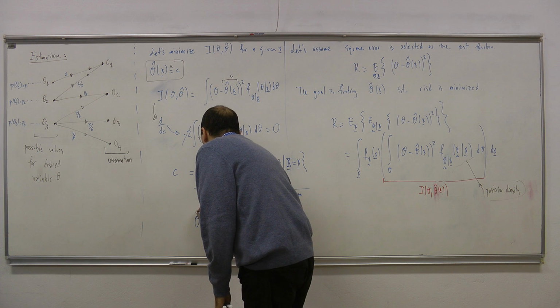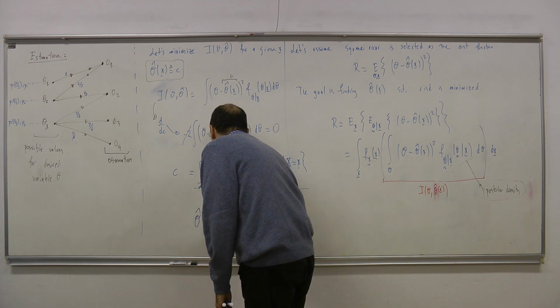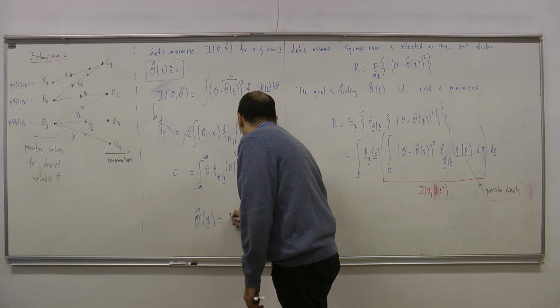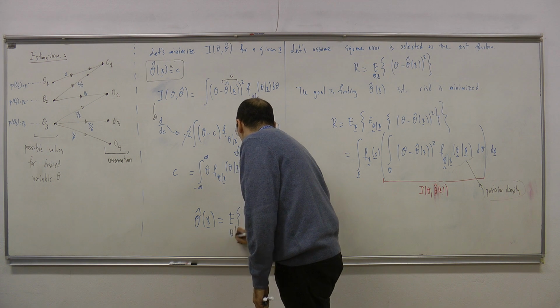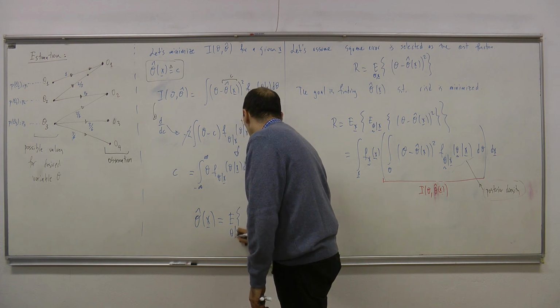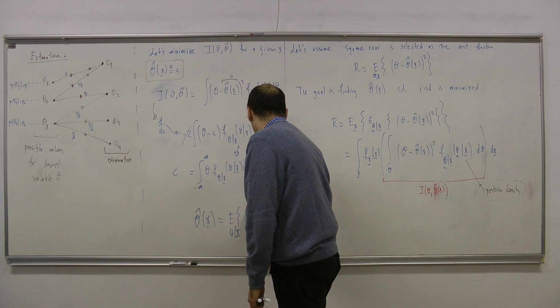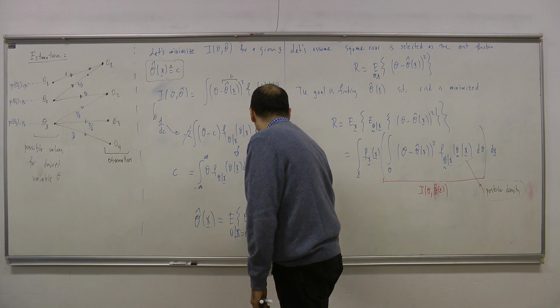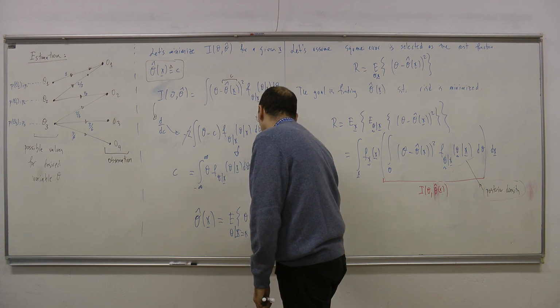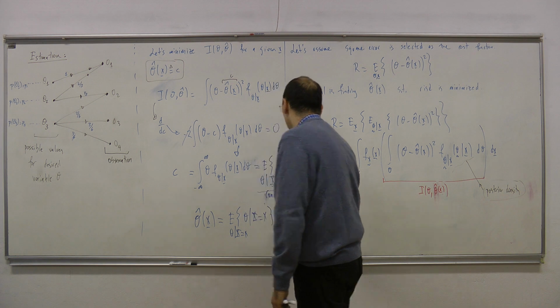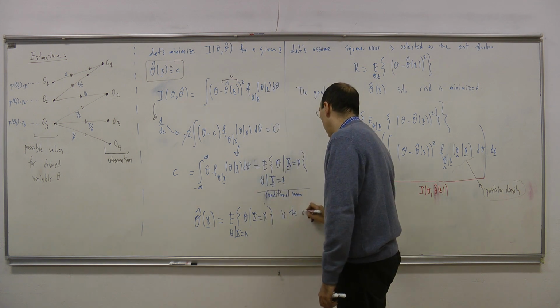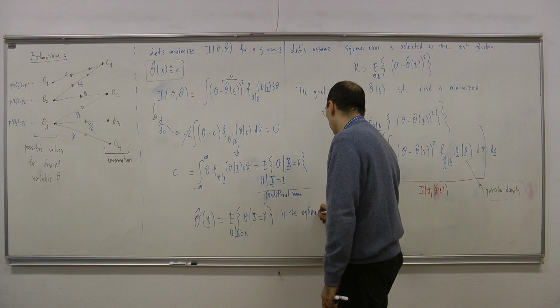So theta hat of the observation is equal to the expected value of theta given X. I think it's clear.